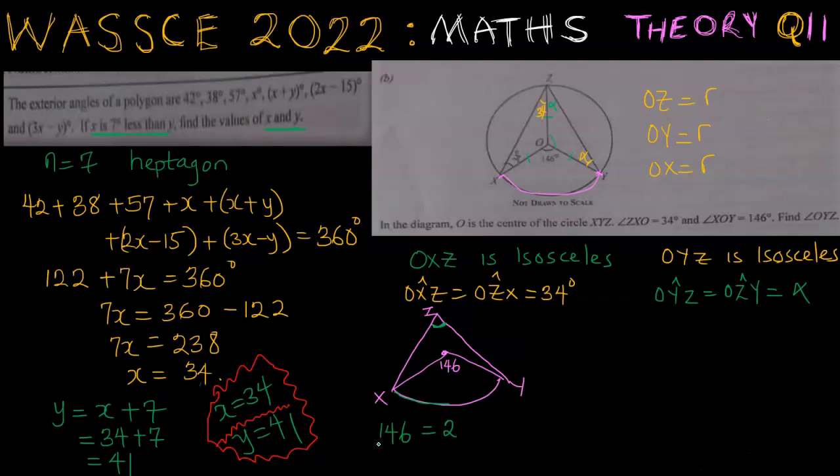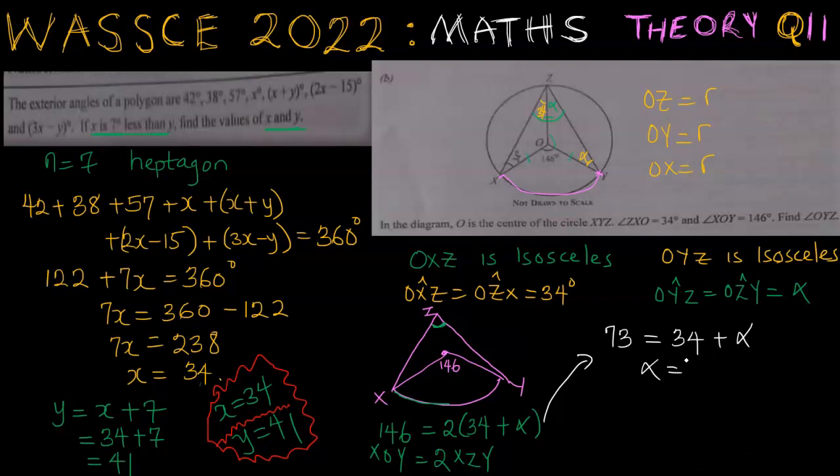So XOY is going to be equal to twice XZY. And we know what XZY is. That's 34 plus alpha. So this is going to be 2 times 34 plus alpha. Solving this equation, I'm just going to divide both sides by 2. 146 divided by 2 is going to give me 73. So I've got 73 equals 34 plus alpha.